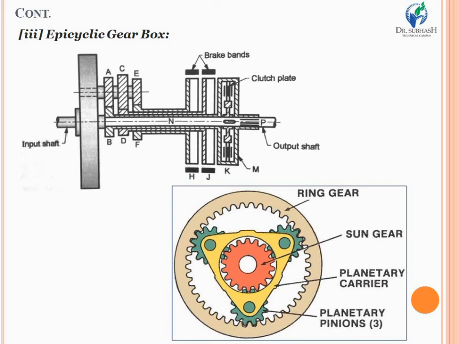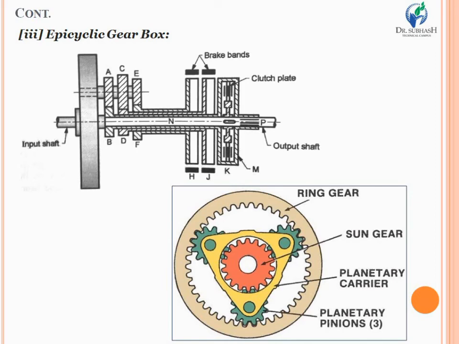Now, the hub is fitted to the spigot shaft, represented by capital N, and to it a number of clutch plates are attached. So this is the hub constructional detail.